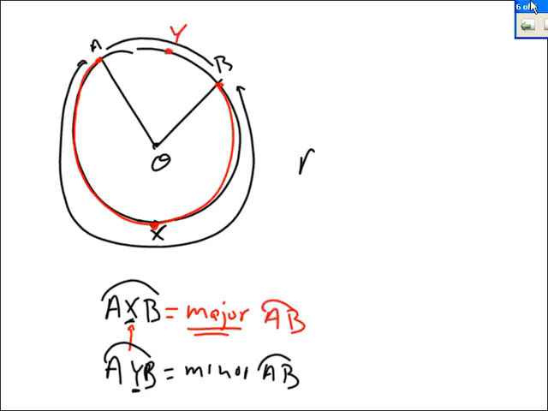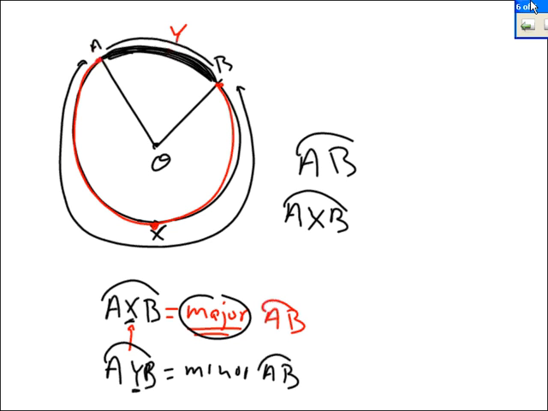Like if I just write arc AB, most of you would probably think of this arc, the minor. Fair enough. Let's have a convention. When you don't have an extra letter in it, it means the minor arc. But if we wanted the major arc, we'd have to say AXB, or actually write the word major.